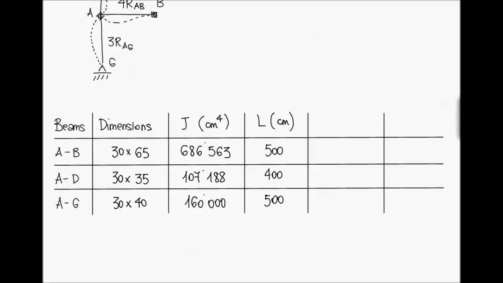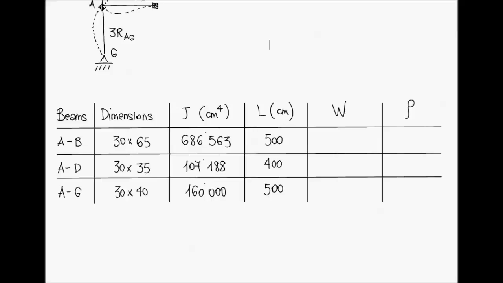Well, for the calculation of the rotational stiffness, we have already observed that we do not consider the value of the elastic modulus, since it will be simplified in the calculation of the distribution factors. So, for beam AB, the rotational stiffness W is equal to 4J over L, and in particular it is 5,492.5.